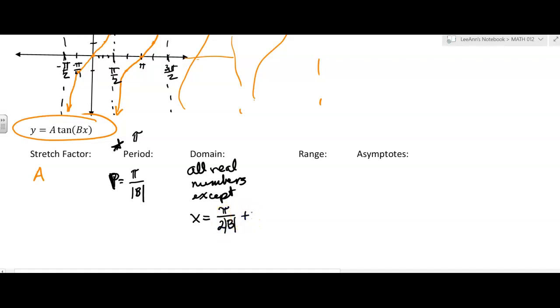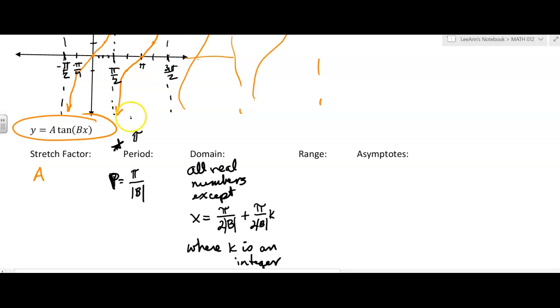Plus, and then here's where it gets a little tricky, pi over the absolute value of b, k, where k is an integer. It's usually how we say it. Okay. That takes care of all the asymptotes, all that notation there.